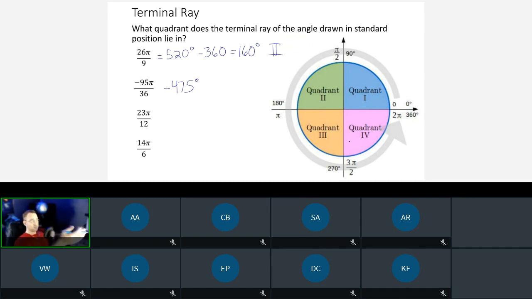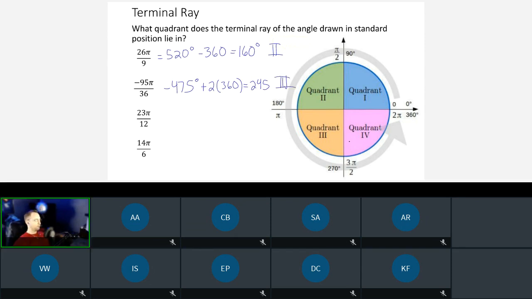Adding 360 once isn't going to be enough to make it positive. So we're just going to add 720, or you can add 2 times 360, or just type in plus 360 twice. It's the same thing, right? And then we get 245, I think. So that's the coterminal angle, and that is in quadrant 3.